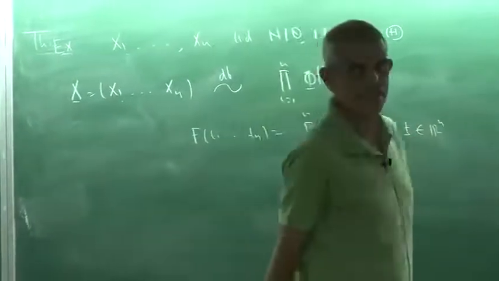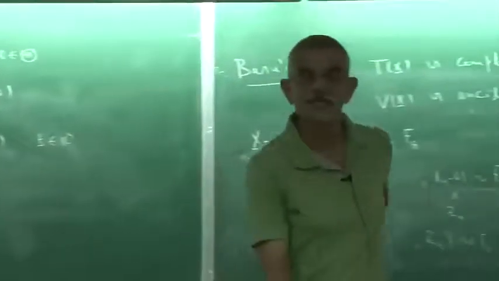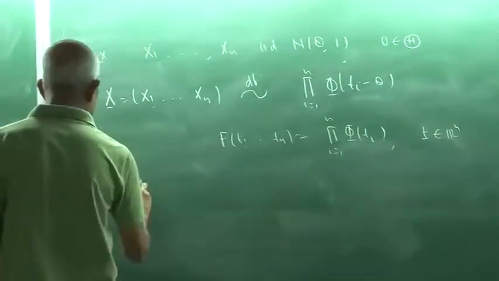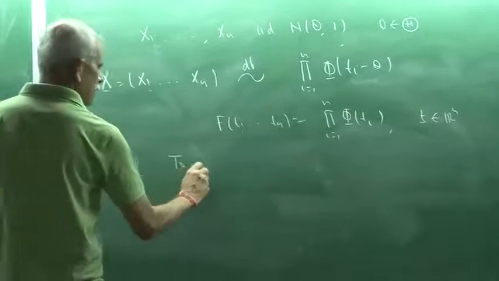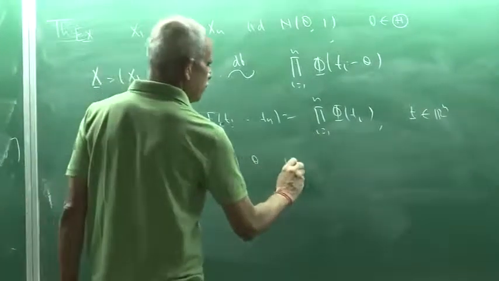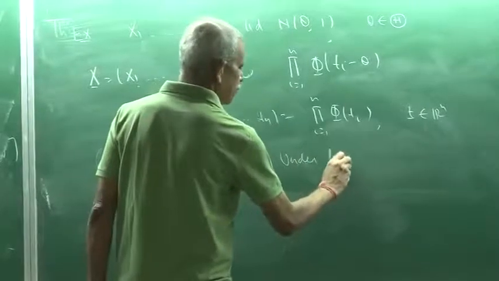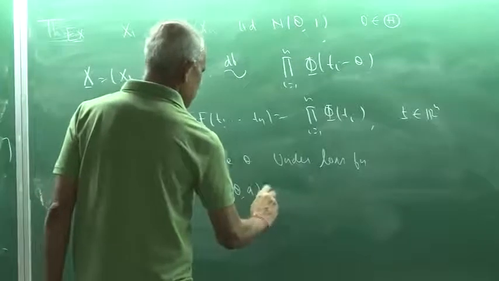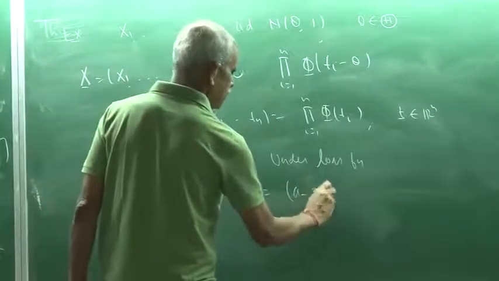So it is in the setup which we were considering for location invariant problems. So my goal is to estimate theta under the loss function L(theta, a), which is (a minus theta) whole squared.